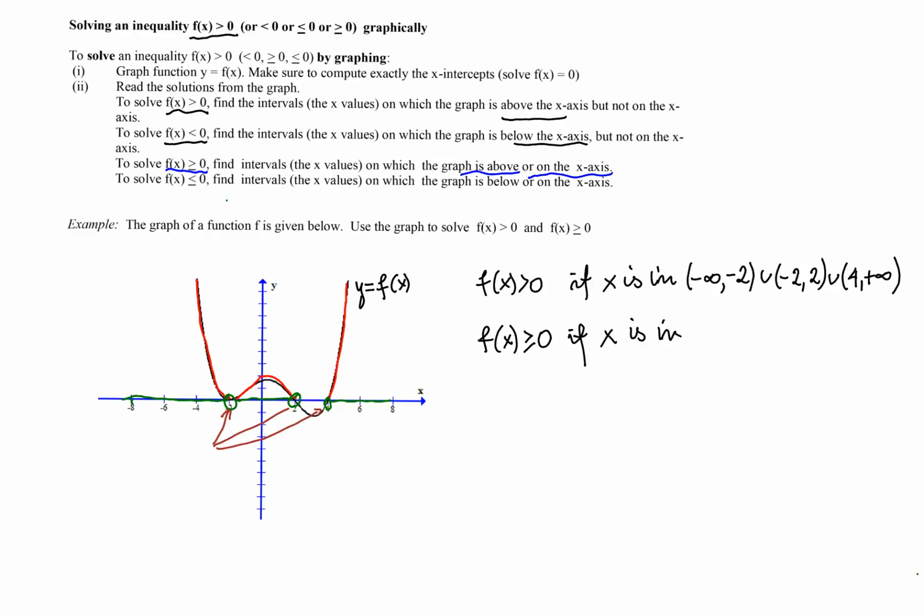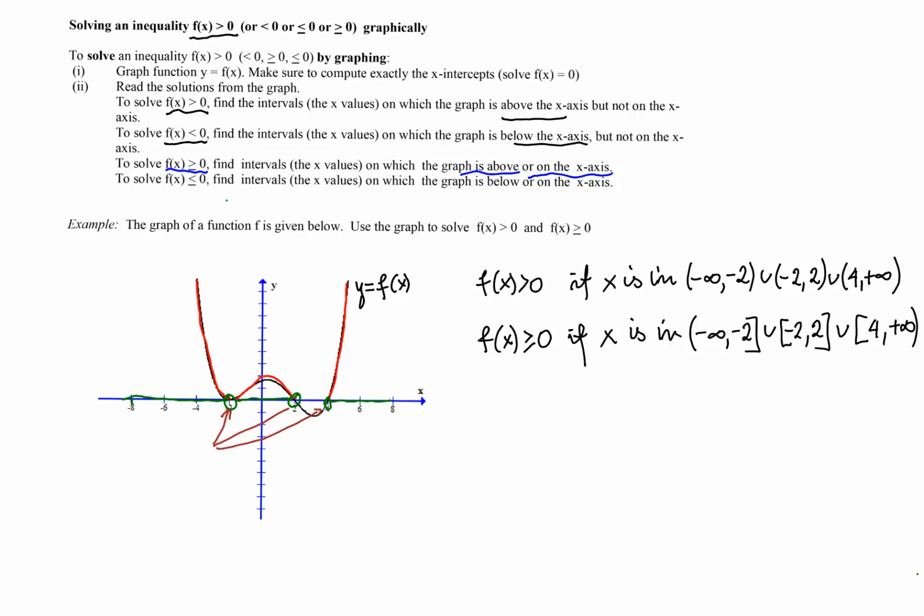And therefore my intervals are going to be closed, and the solution is interval from -infinity to -2. I will close this because -2 is now included, and then I will include -2, and 2 is also included, and then union with 4 included and +infinity.